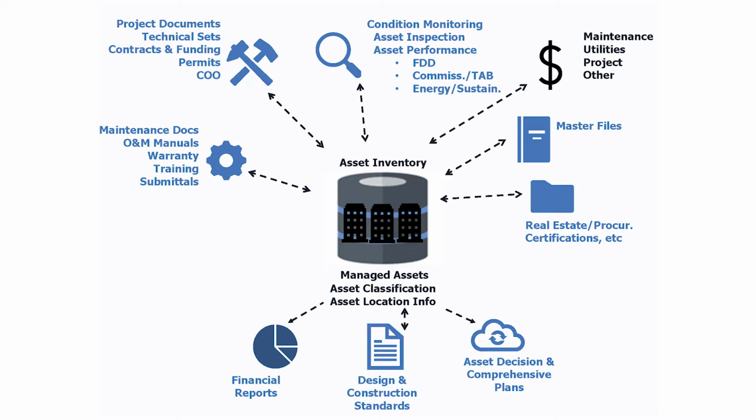We do have a document management system, not the best in terms of finding things, could be better. Our project management information is in our CMMS system, but our condition asset, our asset inspection information is in a totally different system. Is that a bad thing that they're in a different system?